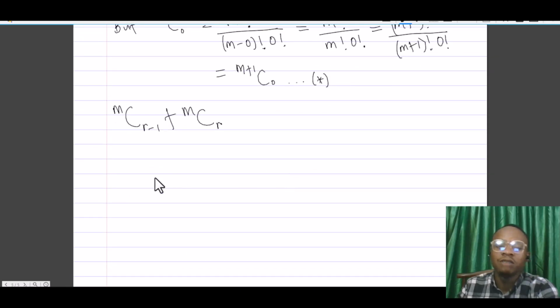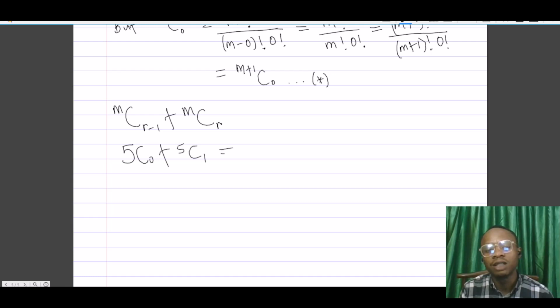So let's just do some trial and error here to verify what this is meant to be. Let's say we want to get 5 combination 0 plus 5 combination 1. Let's find out what it is going to give us. Then 5 combination 1 plus 5 combination 2. We try to find out what this gives us.